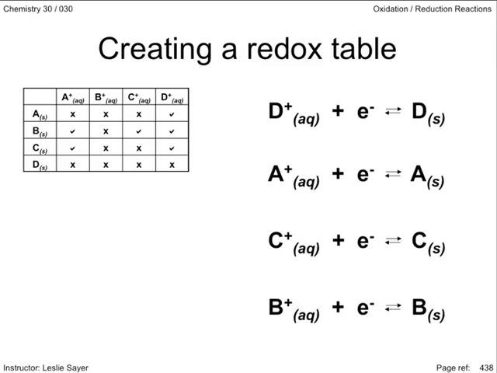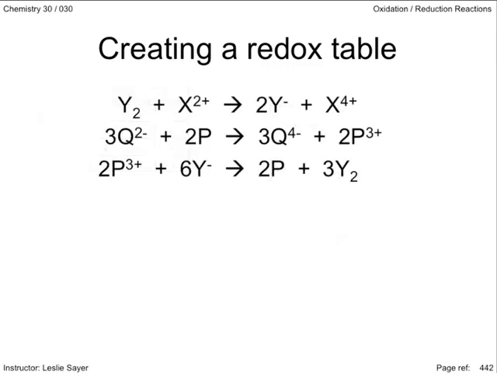Another way data can be presented so that you can create a redox table is by way of a series of chemical reactions, showing either products if the reaction is spontaneous or no products if the reaction is not spontaneous. Here there are 3 net ionic equations featuring 4 different hypothetical ions and elements, so we need to put together 4 reduction half reactions.